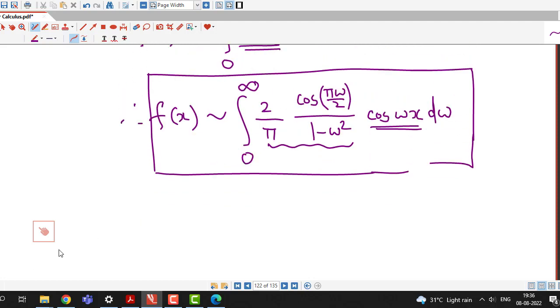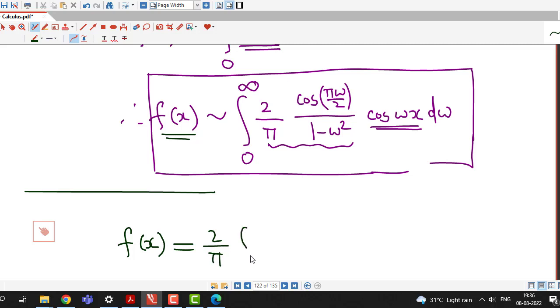Now if you observe, this is just for understanding, our answer is completed here. Now suppose our function is continuous at every point, or suppose at the points at which the function is continuous, we will have f x equal to, I can take 2 by pi outside, it is independent of omega. Now try to understand this thing.